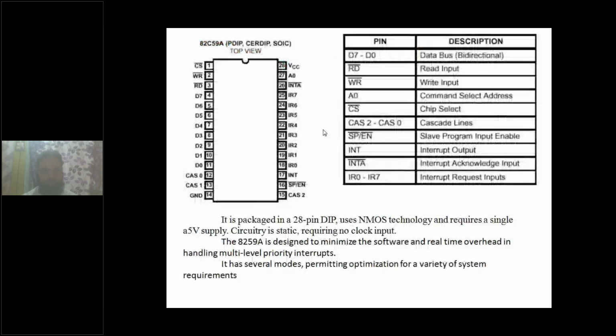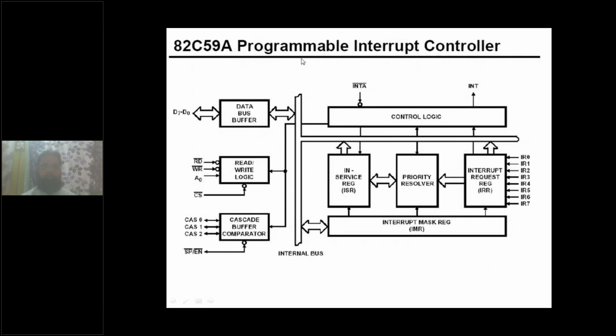See here, this is the pin configuration of 8259, and this is the internal diagram of 8259. You can observe IR lines over here, and these lines are called interrupt request lines. So its circuit is like this. Actually, the processor is there, IO devices are there.